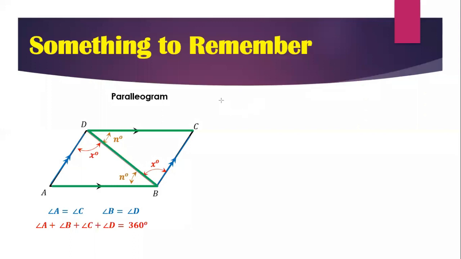Angle Z means two lines parallel to each other will construct the same angle. Let's say here is 45 degrees. So automatically, we'll find here 45 degrees.